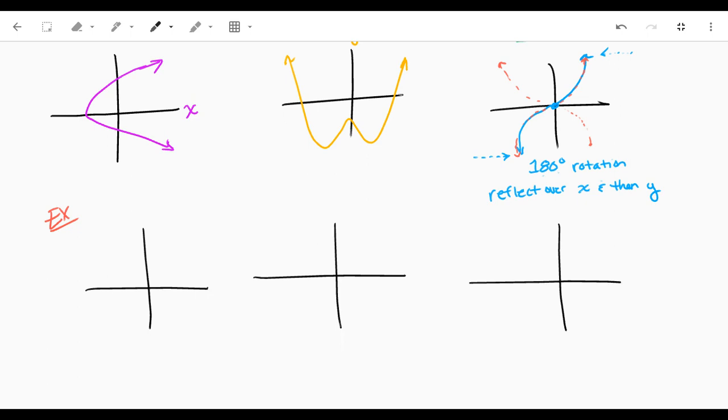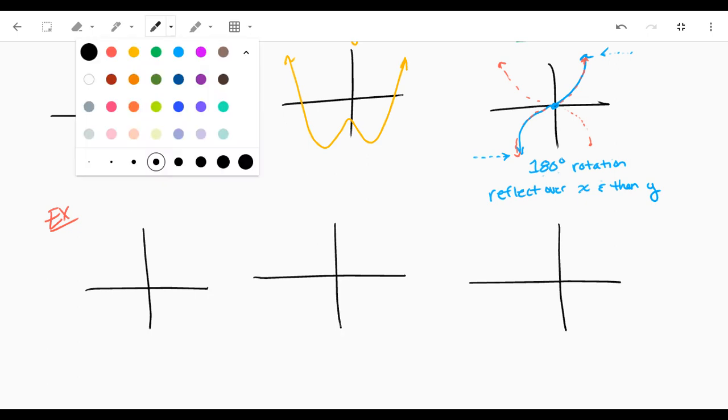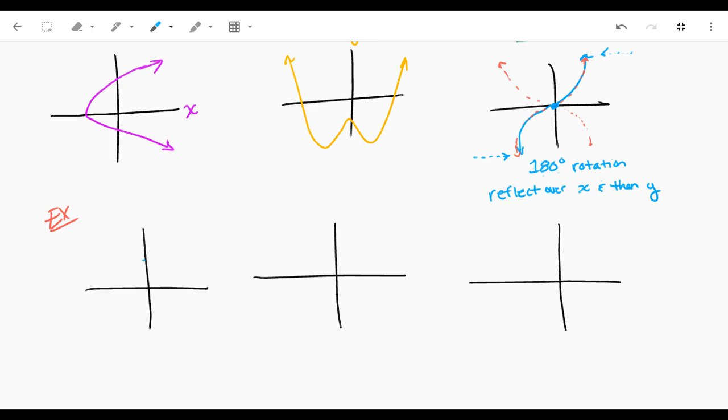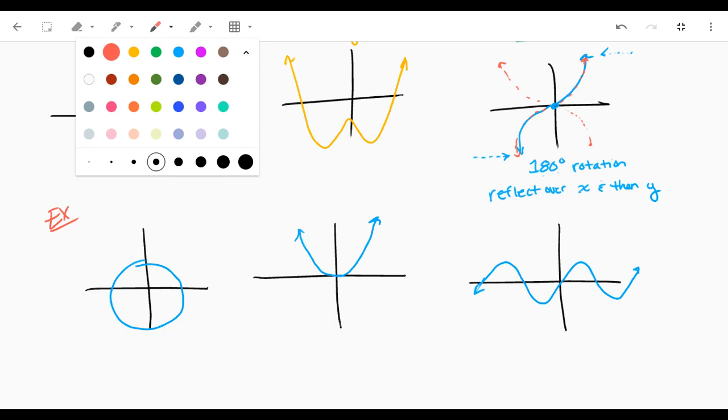Okay, and they give you a circle, which I kind of already told you about, a parabola, and they give you a sine function. Okay, so for that circle there, we have symmetry.